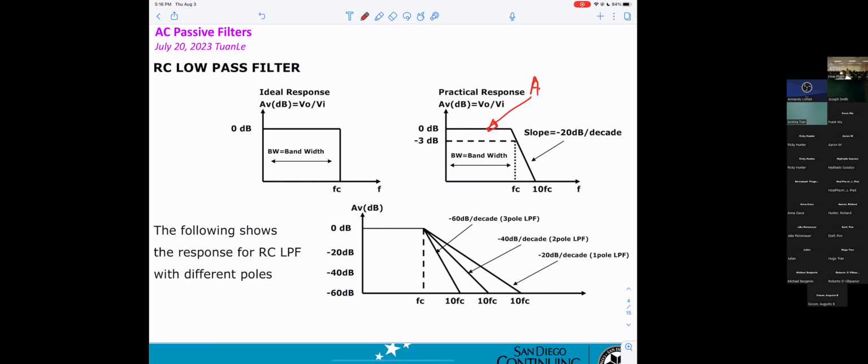You know the gain AV equals V out over V in. This is what we call the mid-range. What is the gain of the mid-range?